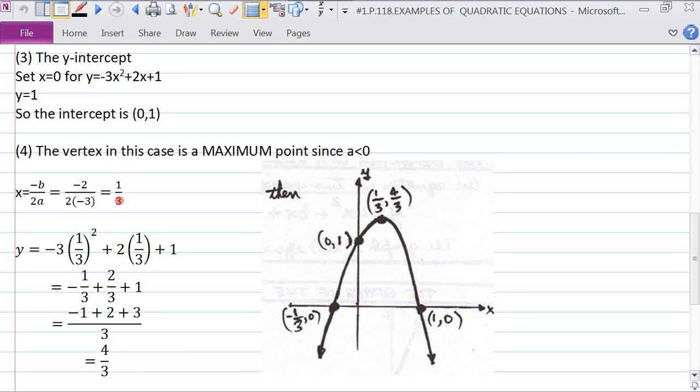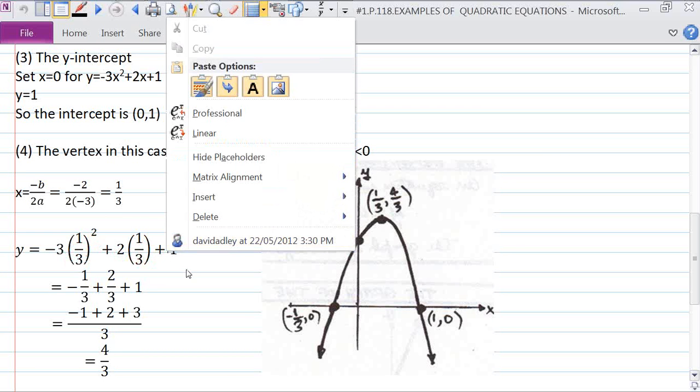It's always obtained from the axis of symmetry. I put this 1/3 back into this equation right here. So I substitute this right into this. Minus 3 times x squared, where x is 1/3 squared, plus 2 times 1/3 plus 1.